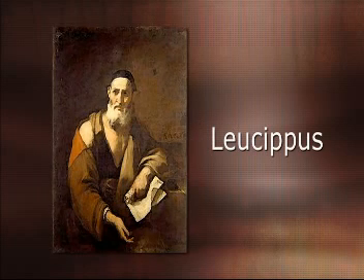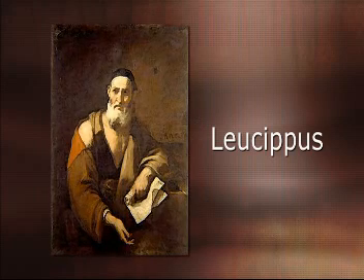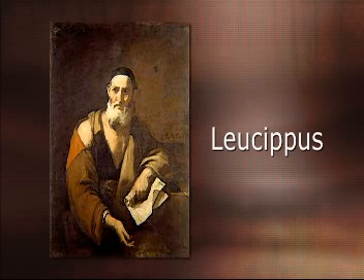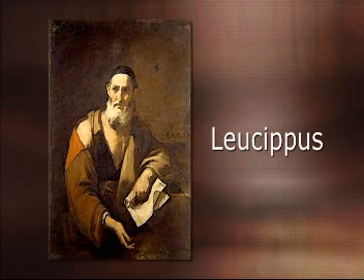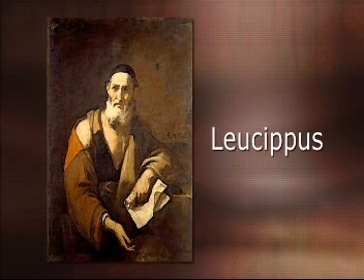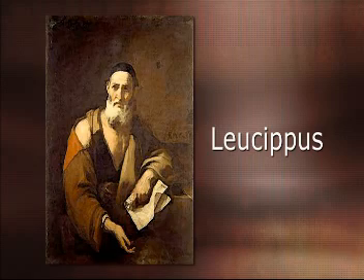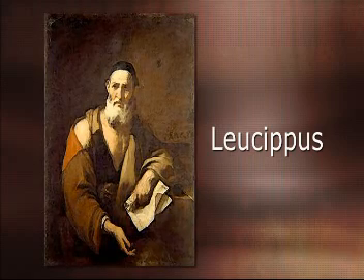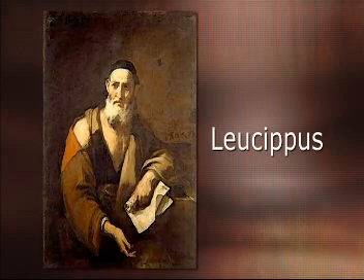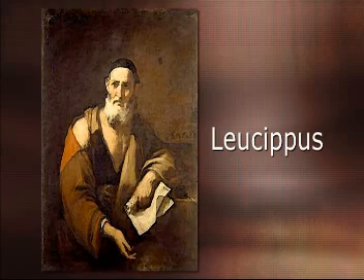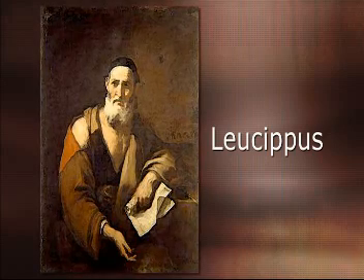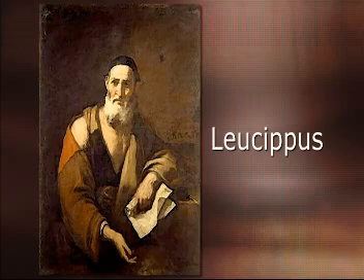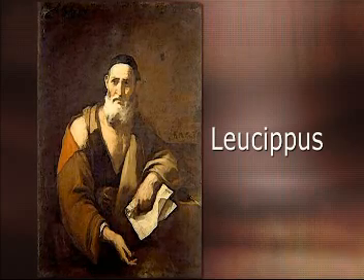Ancient Greek philosopher Leucippus, who lived in the 5th century BC, is often referred to as the founder of atomism. However, a lot of the information we have about his ideas of atomism comes from his student, Democritus.